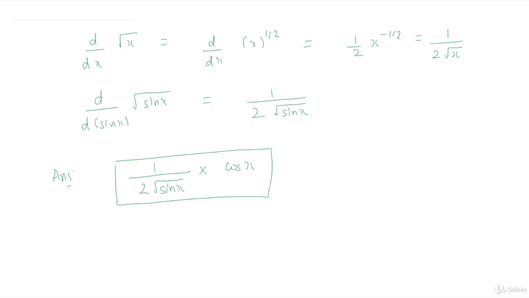Now let's take another example on chain rule only, as it is a bit tricky. This would be our last example. In this example, we need to calculate the derivative of y with respect to x, where y is e raised to the power x square plus 5x plus 3.